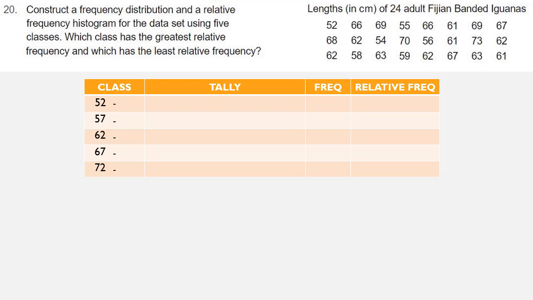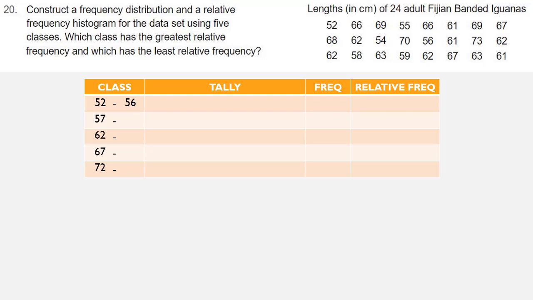Then for the upper class limits, each upper class limit is one less than the next lower class limit. And the upper class limits also differ by the class width. So the first upper class limit is one less than the second lower class limit. The second lower class limit is 57. One less than 57 is 56.